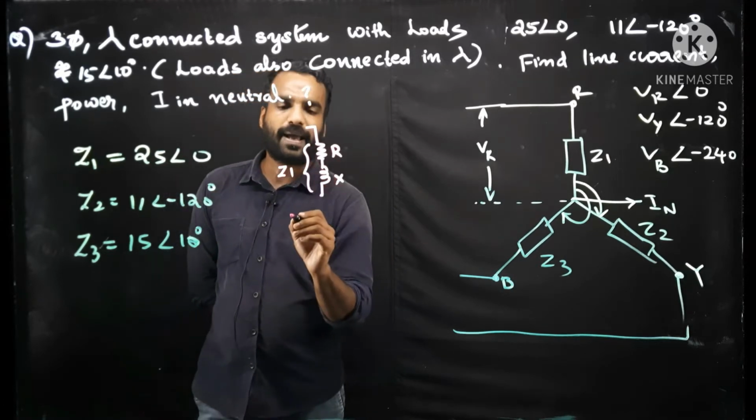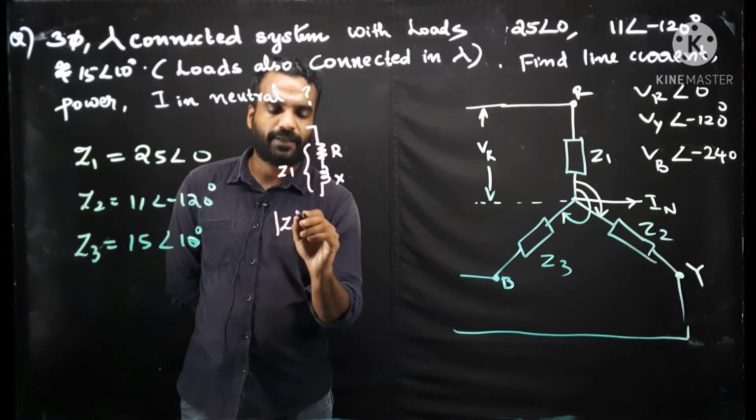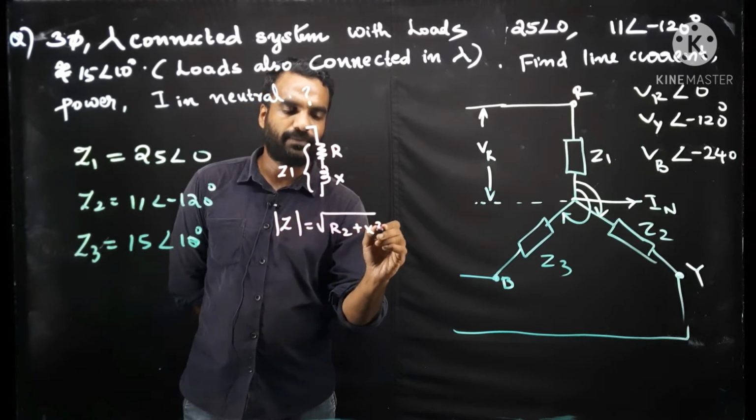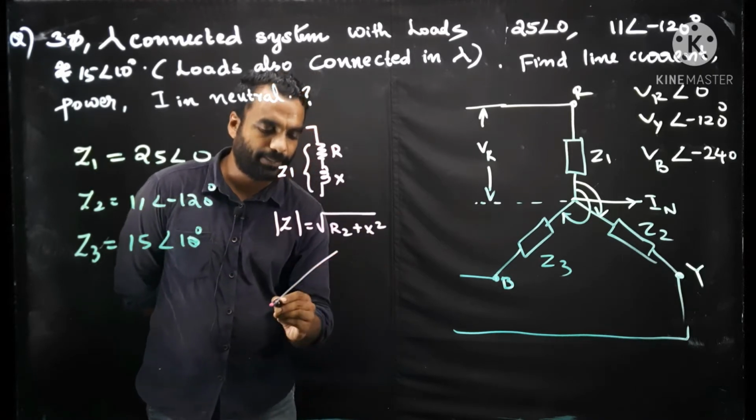So how can you find the magnitude of Z? Magnitude is square root of R square plus X square. This is a triangle, the impedance triangle.